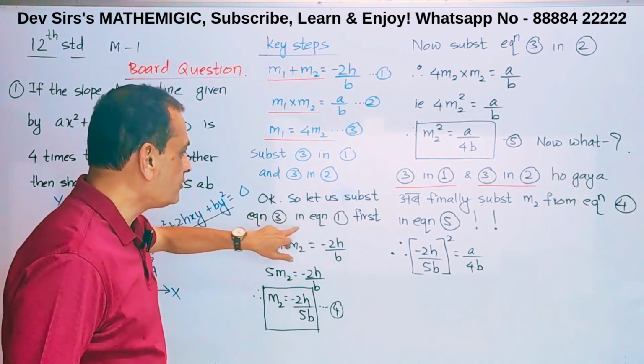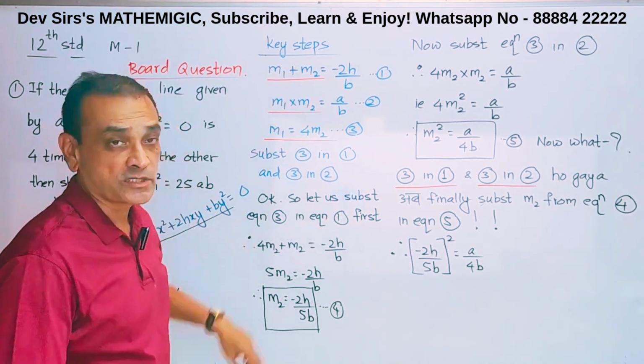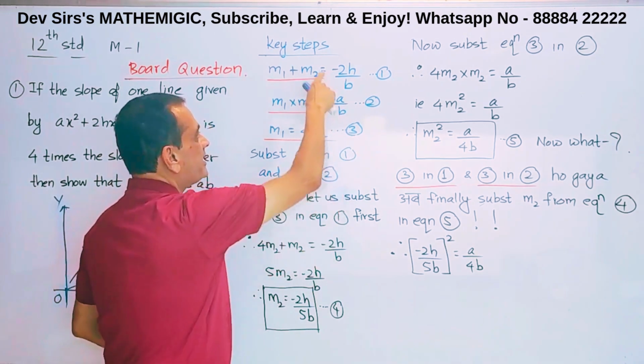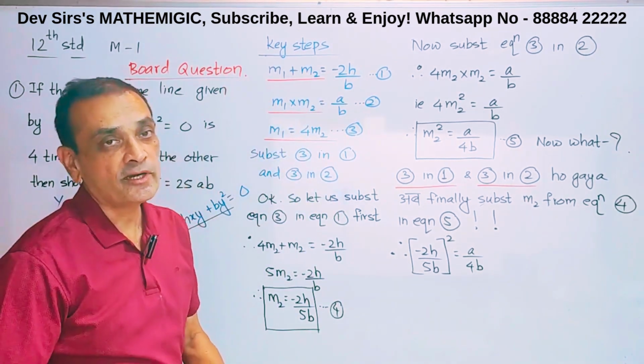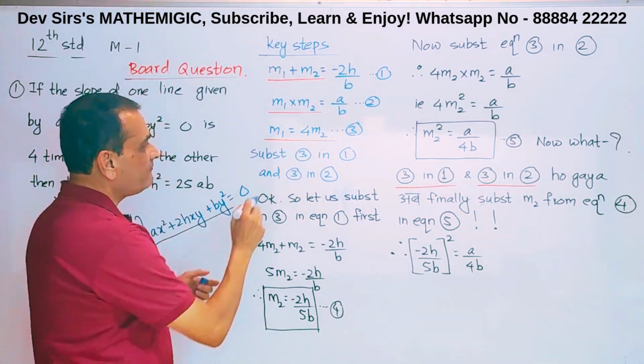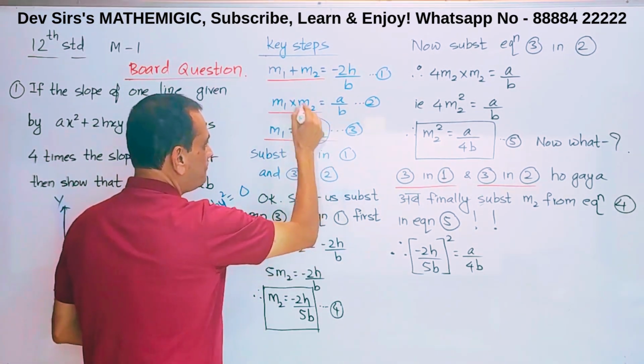Let us substitute equation 3 in equation 1 first. In equation 1, I am putting the value of M1, which is 4M2.